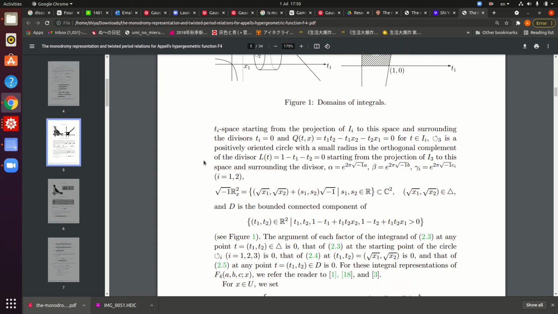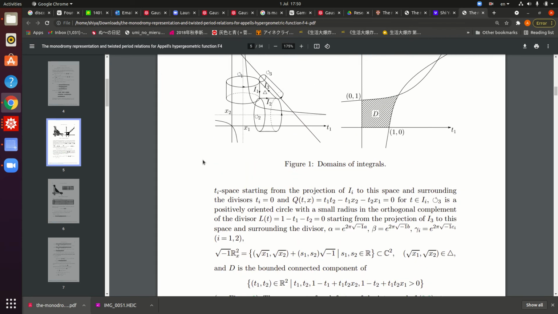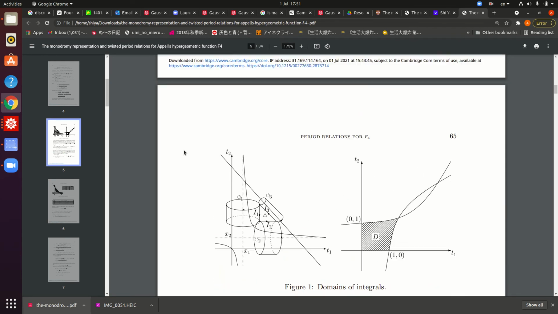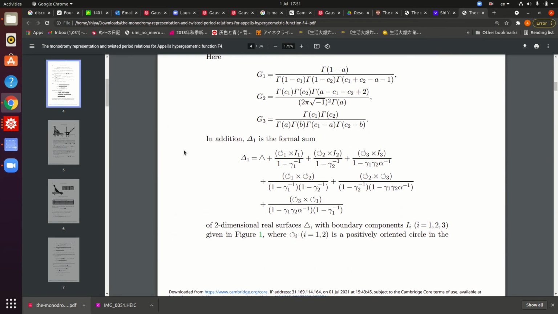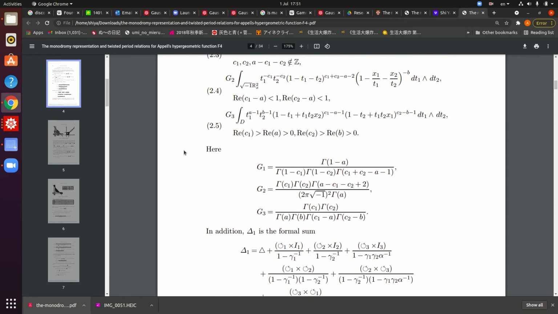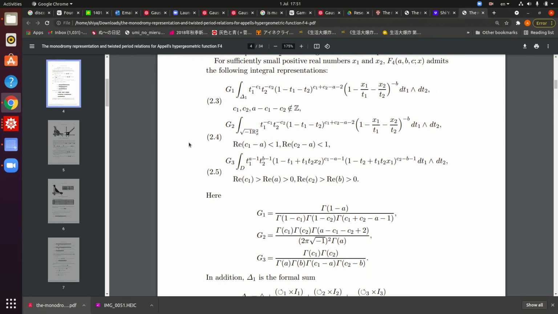It is defined to be between the branch points of the two factors that appear here to power C1 minus A and C2 minus B minus 1. So if it is defined between these two branch points, then we can never explore the situation where you go outside of that region in order to get a discontinuity.